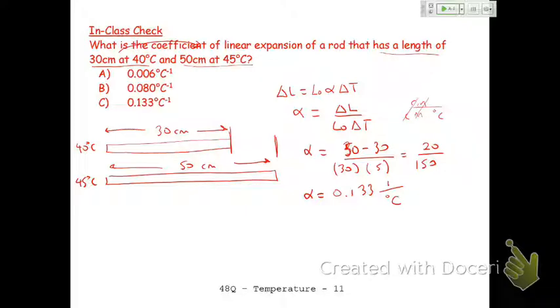I could have said 0.2 over 0.3 times 5, and I would have got the same answer. Again, I'd like you to go to standard SI units, unless you have a good reason not to, but occasionally you'll get away with it. Okay.